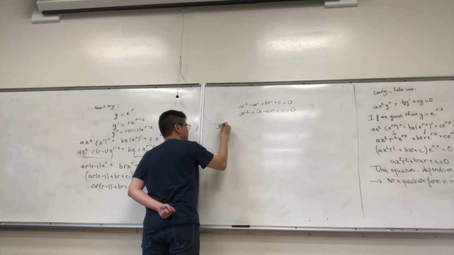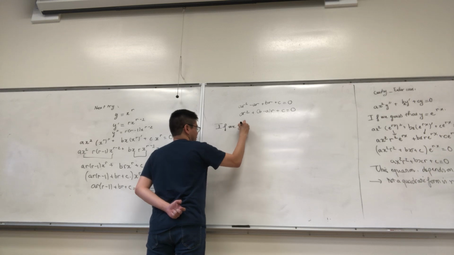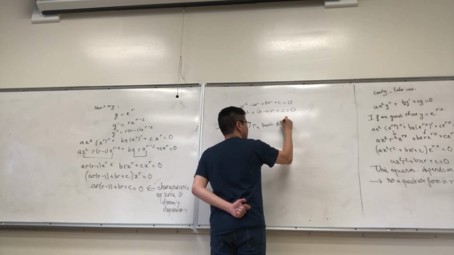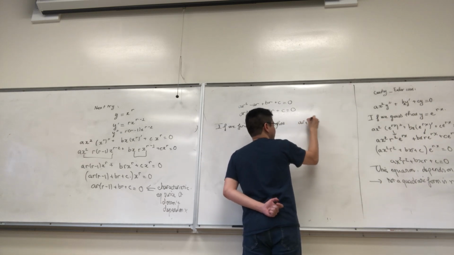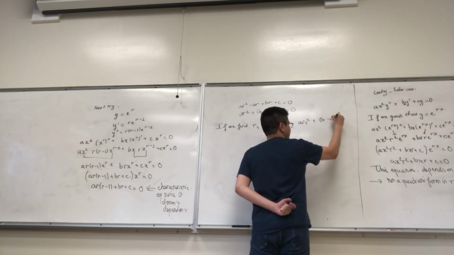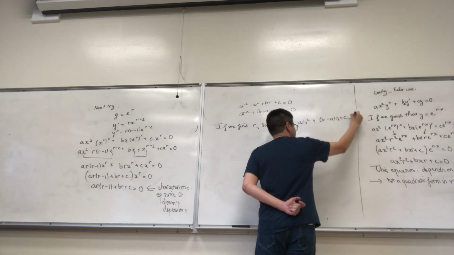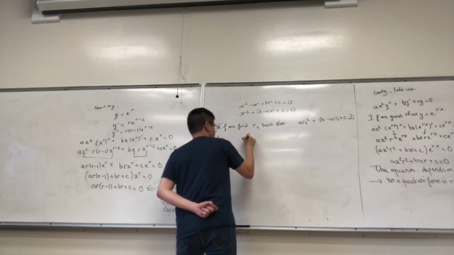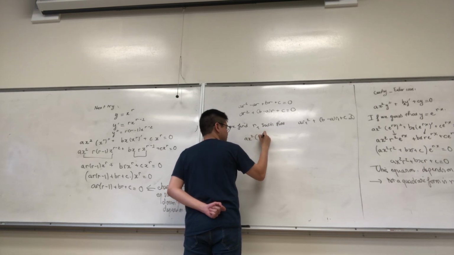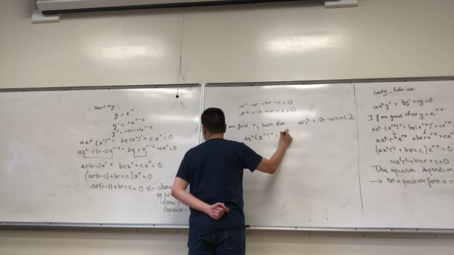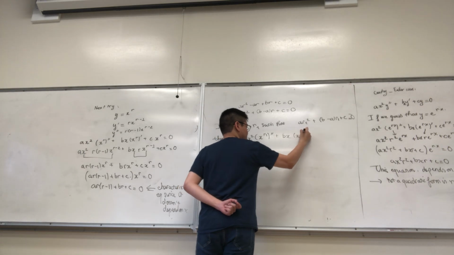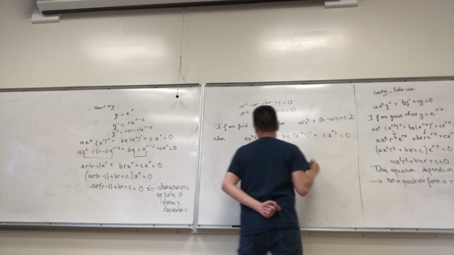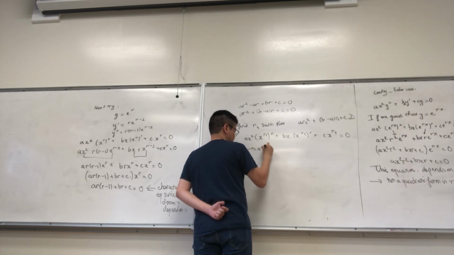So if we can find r1 such that a r1 squared plus (b minus a) r1 plus c is 0, then a x squared times (x to the r1)'' plus b x times (x to the r1)' plus c times x to the r1 is 0. So x to the r1 is a solution.